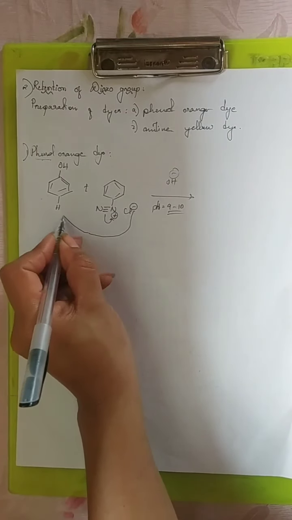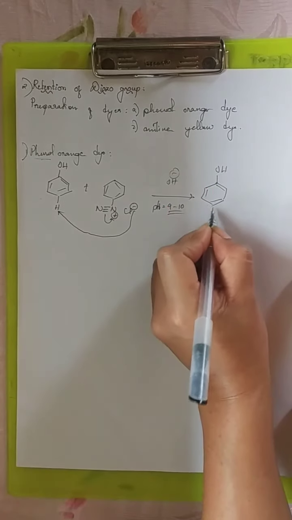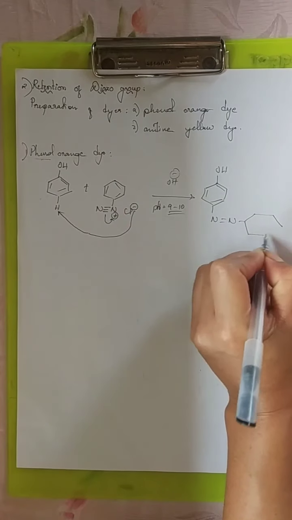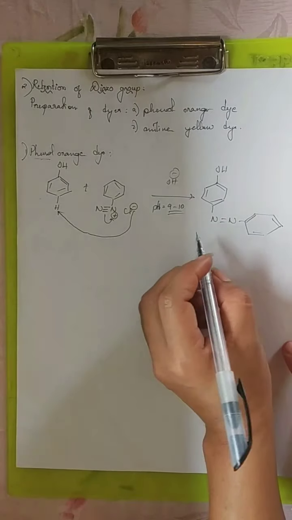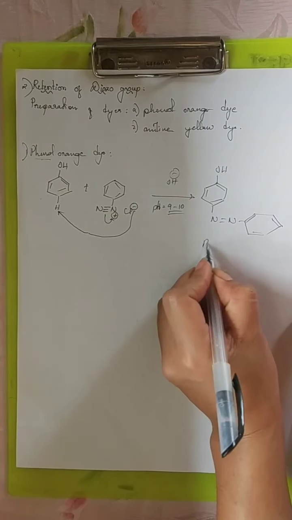Now here, therefore, we will be getting our OH as it is here, and double bond N, and our benzene ring. Now this is our dye, phenol orange.